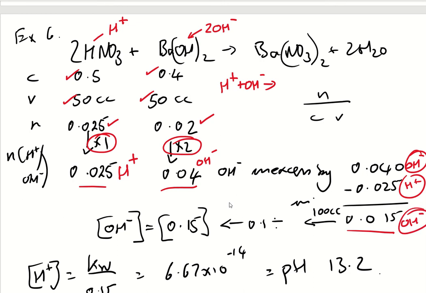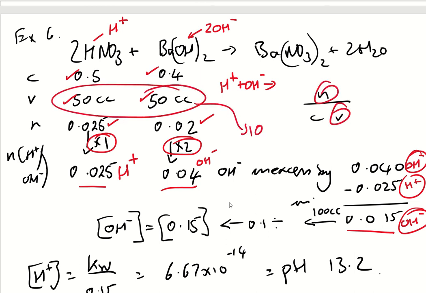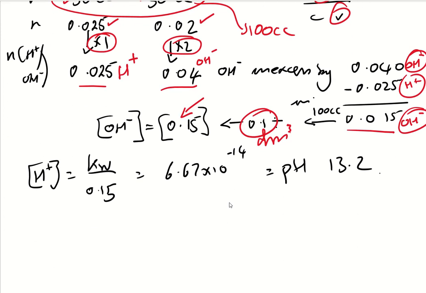But remember, we have to get those into concentration, so we do c equals n divided by v. The v is 50 and 50, which is of course 100 cc, or 0.1 dm cubed. So we divide the moles by the volume. The concentration of hydroxide ions is 0.15 in this instance.